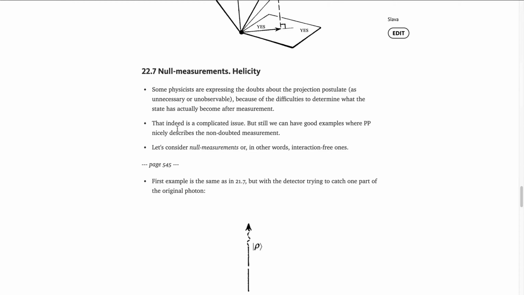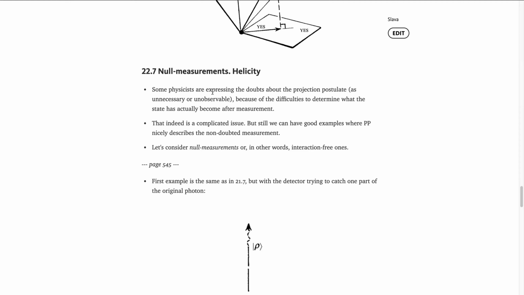So basically in the next subchapter he starts from a paragraph saying that some physicists are expressing doubts about the projection postulate as unnecessary or unobservable, because of the difficulties in determining what the state has actually become after measurement. And that indeed is a complicated issue.